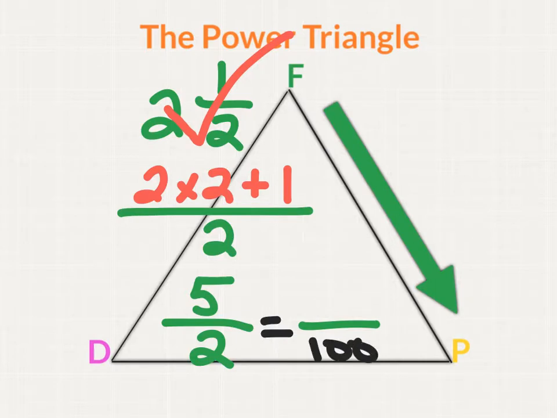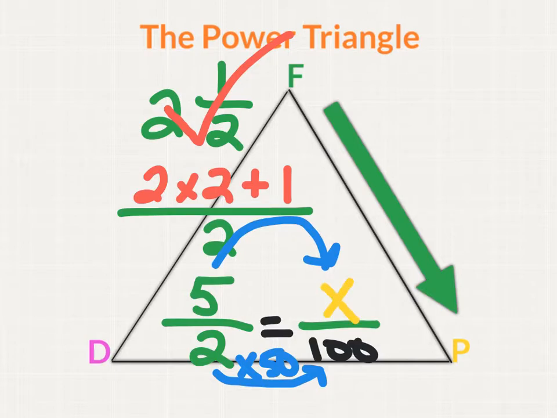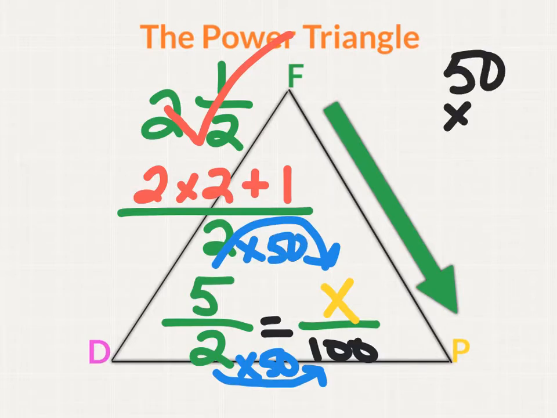Now I need to rewrite my fraction with a denominator of 100, because percent means of 100. I see that I can use a scale factor of 50. 2 times 50 will give me 100. So I can do the same thing to find my unknown value, multiplying 5 times 50. And 5 times 50 is 250.